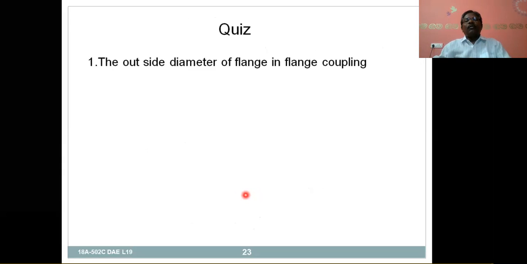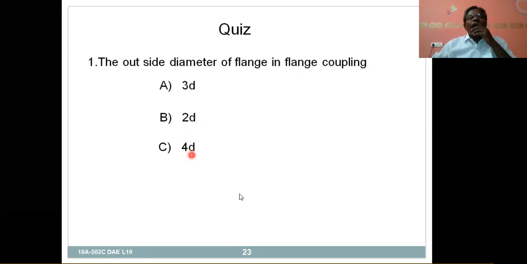Now let us have a small quiz over today's lesson and also the previous lesson. The outside diameter of the flange in flange coupling is: 3D, 3 times the shaft diameter, 2 times the shaft diameter, 4 times the shaft diameter, or 0.5 times the shaft diameter.